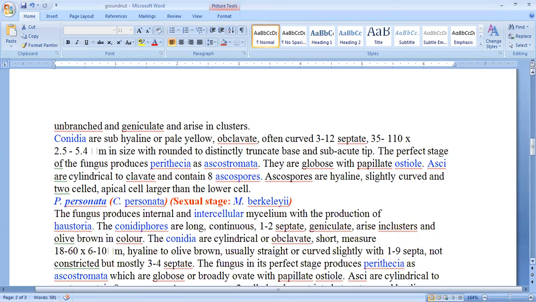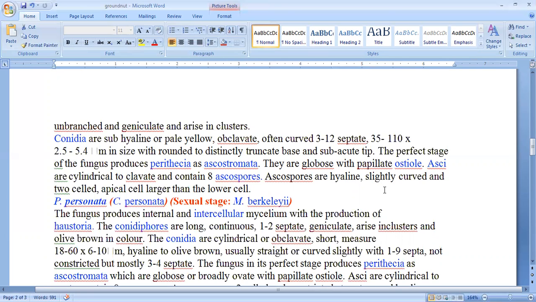Obclavate, often curved with 3 to 12 septa, 35 to 110 into 2.5 to 5.4 micrometer in size. They are roundish with distinctly truncate base and subacute tip.